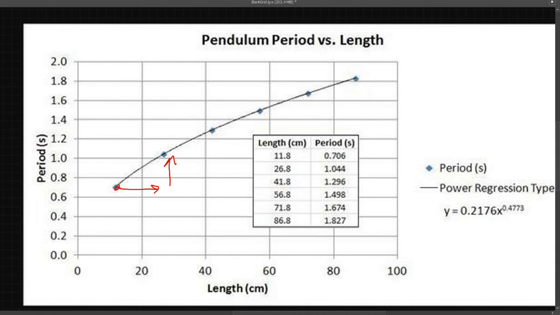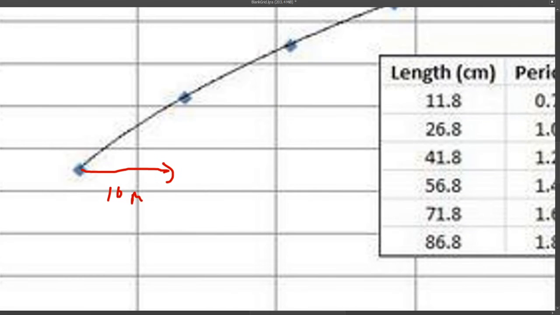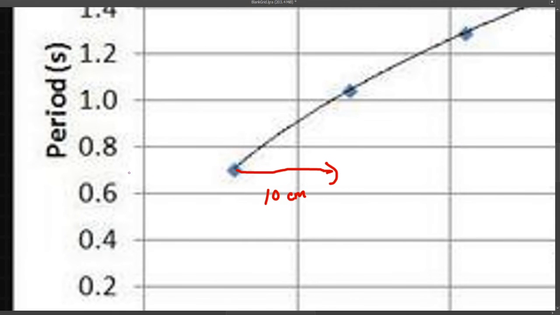That's nothing new and different. But there is something that's different. Just to give you a comparison, what happens down here if I make this about 10 centimeters longer? If I make my pendulum 10 centimeters longer, it seems to go from about 0.7 to about 1.0.